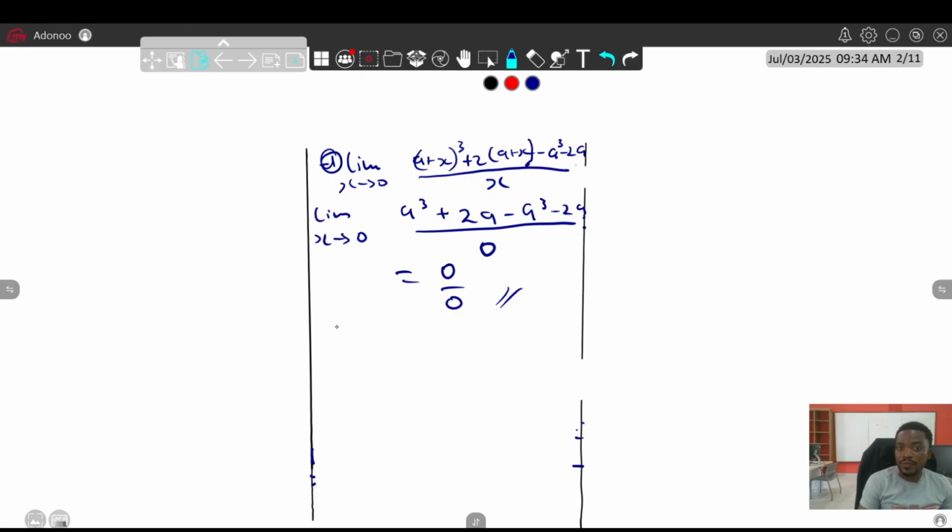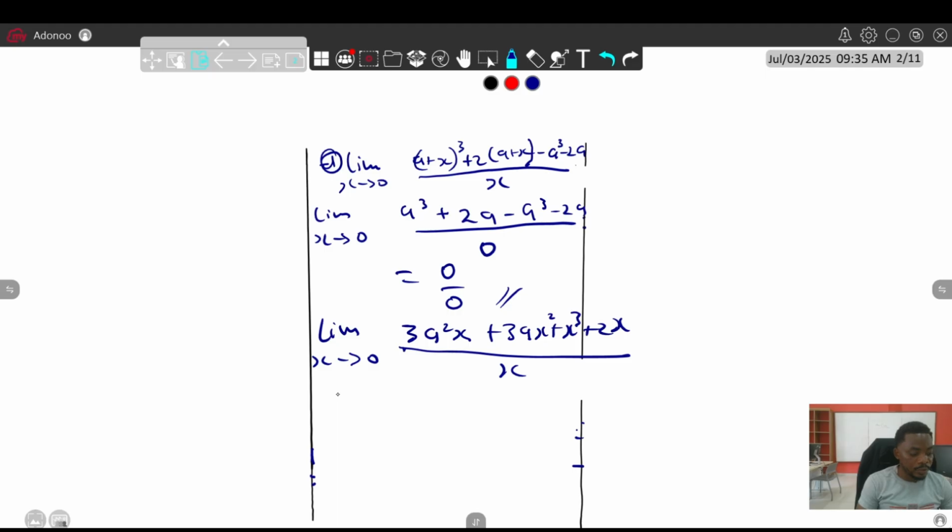Great. So now, what happens when we simplify the function before making the substitution? I implore you to do this simplification yourself, and you are going to have the limit as x approaches 0 of 3a squared x plus 3a x squared plus x cubed plus 2x, all over x.